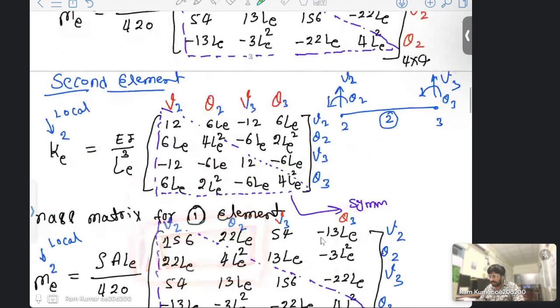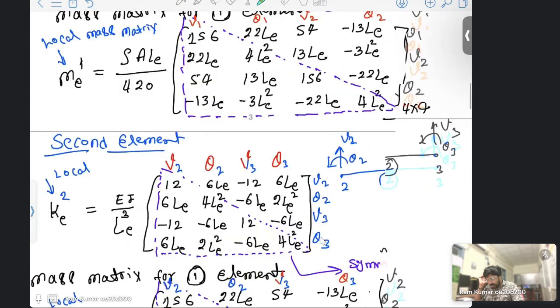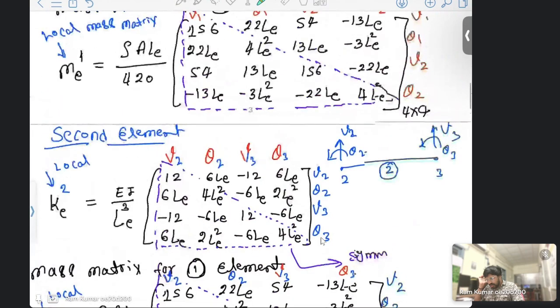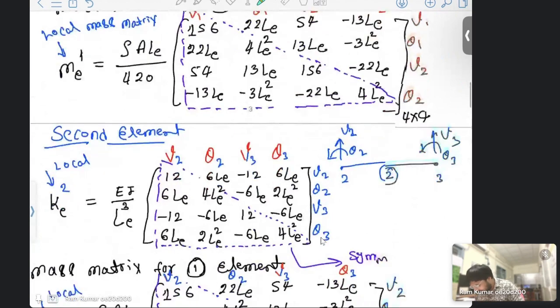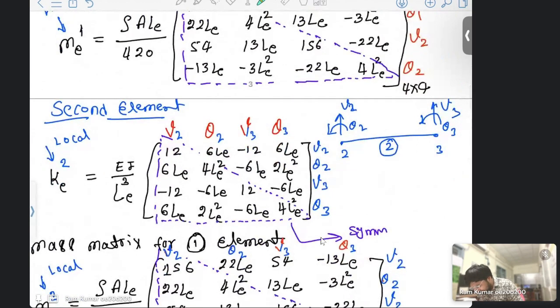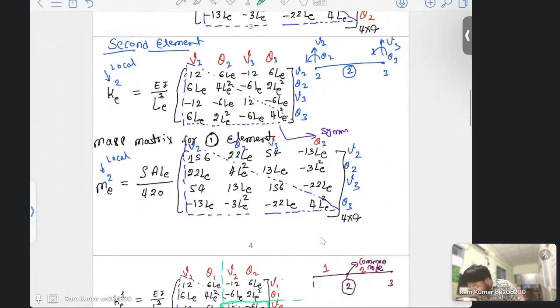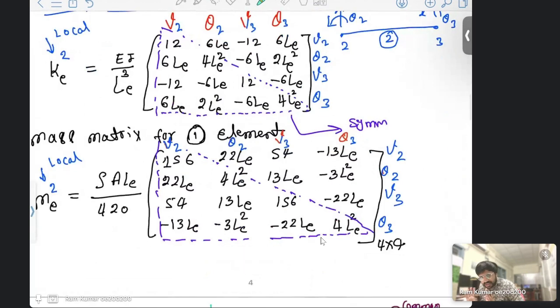Sir, this mass matrix will be similar for both the elements, because the second element is having UDL, so it won't vary, no, sir? It will be standard. Yes. Okay, sir. Mass, stiffness, damping, everything will be the same for all the elements.